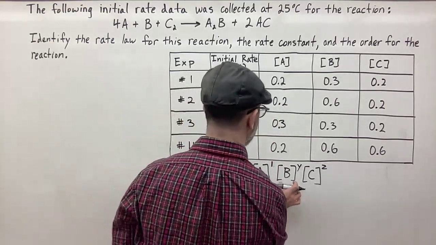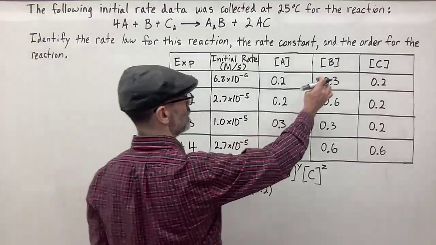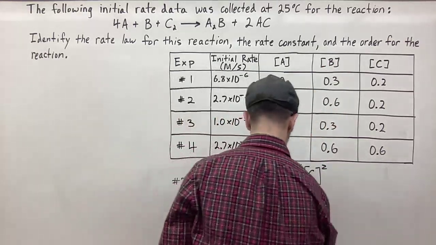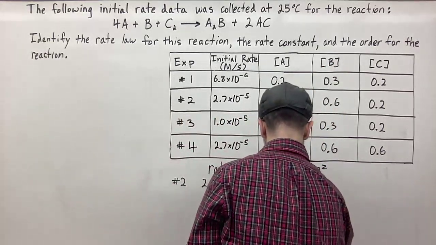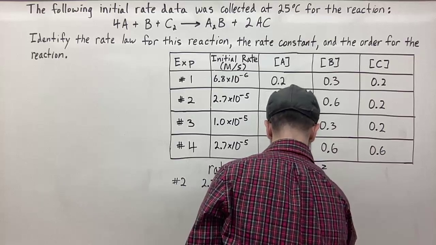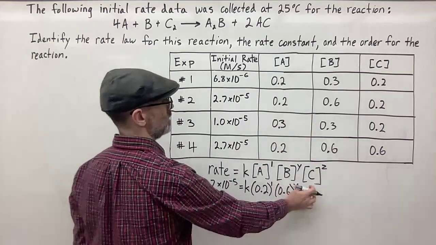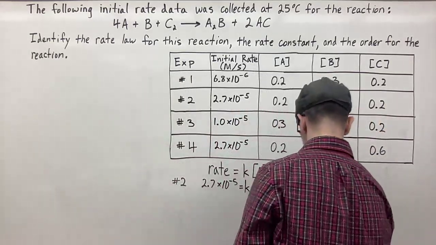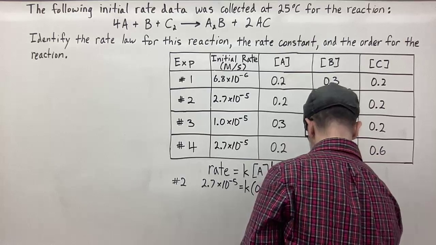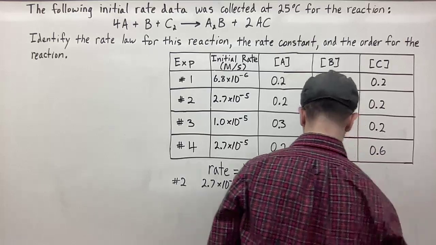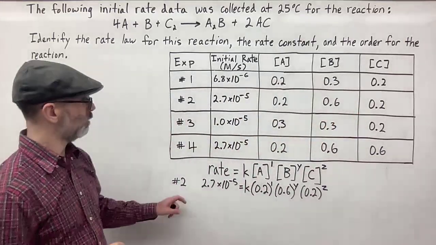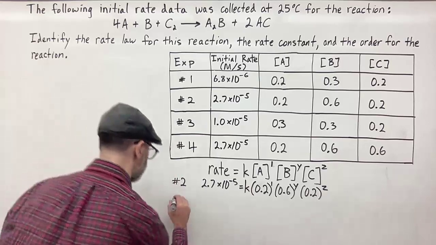And then for B, that's 0.6, so 0.6 to the power of y. And then C is 0.2, so 0.2 to the power of z. And then we do the same thing for number 1. So we'll put number 1.